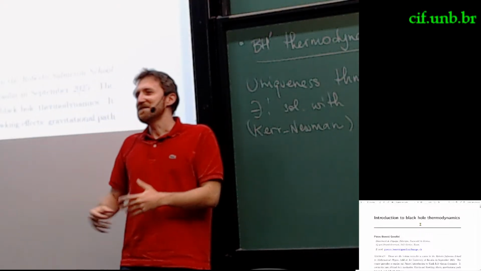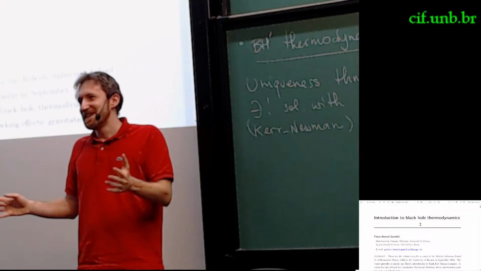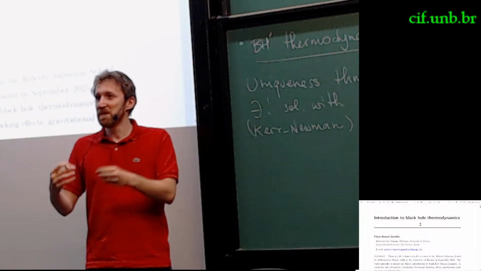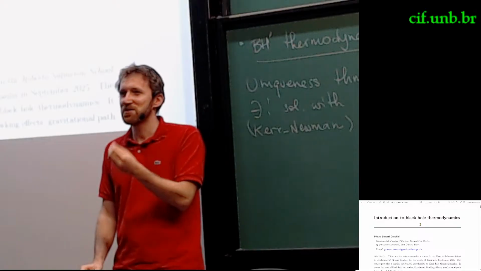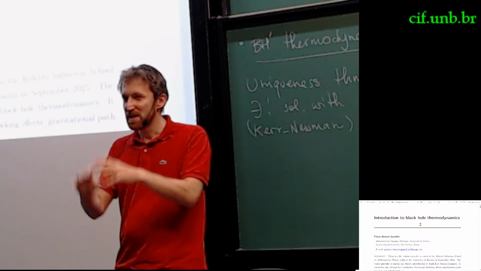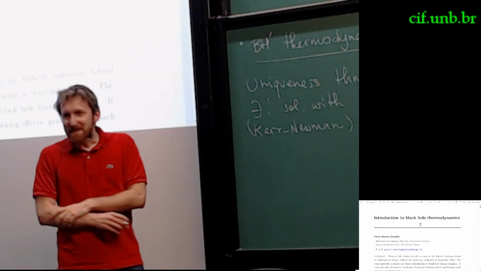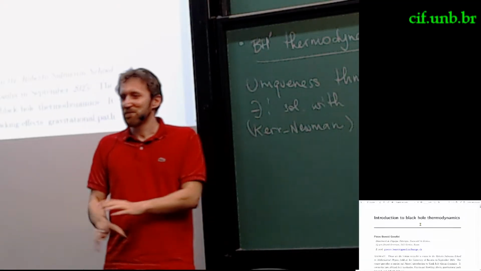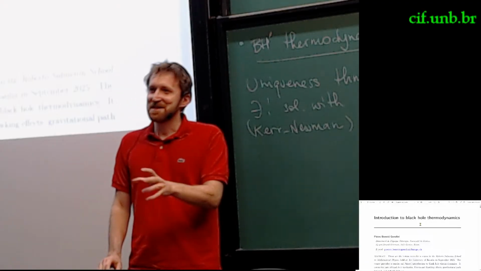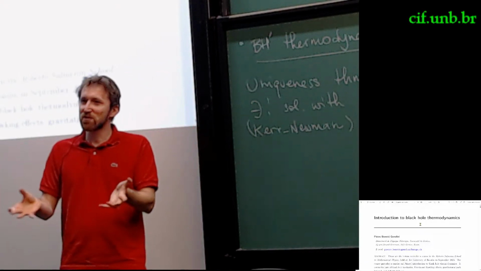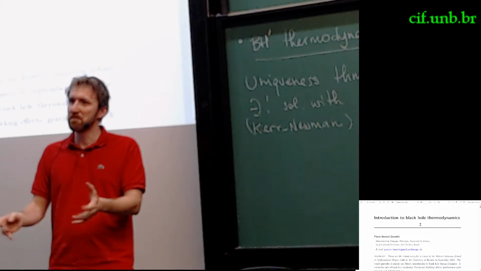So Bekenstein thought it's impossible. Therefore, there must be a notion of entropy associated with the black hole. This was already a revolutionary idea, but then he had a more concrete idea, because you can just say these words, but then he had a concrete prescription to solve this problem.